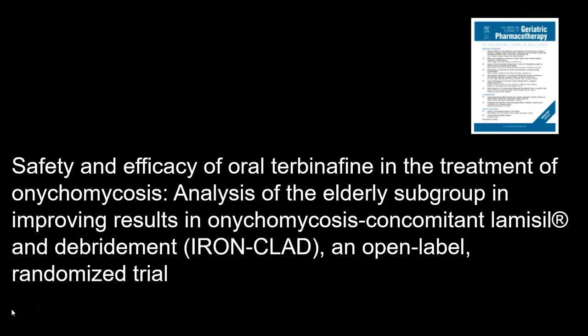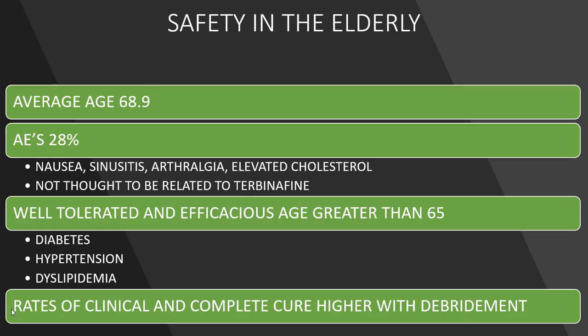This particular paper from Geriatric Pharmacotherapy looked at the use of oral terbinafine with debridement for the treatment of onychomycosis. The average age of the patients in this study was just under 70 years of age. Adverse events occurred in 28%.